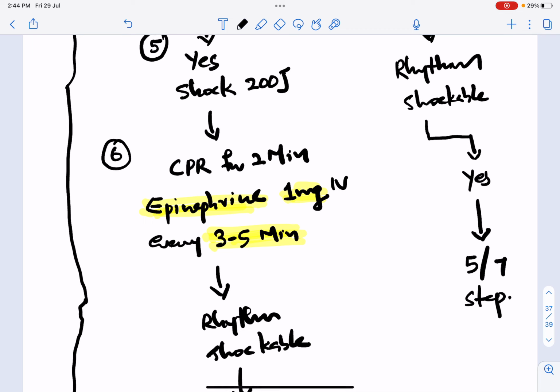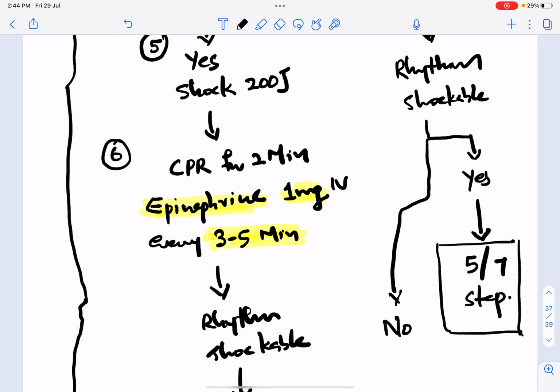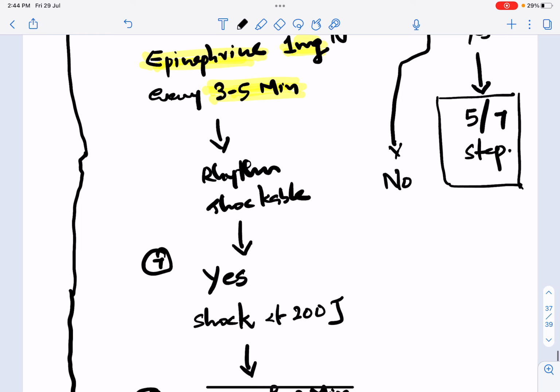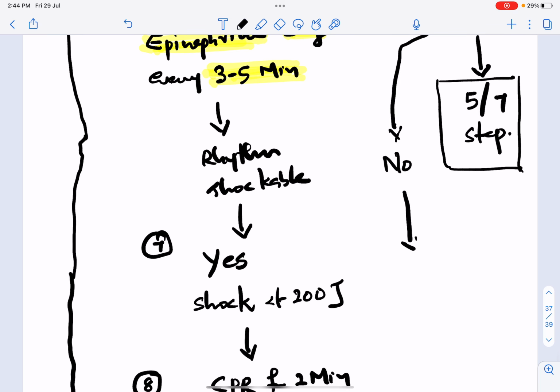Then follow the algorithm for shockable rhythm. But if it is not a shockable rhythm, then nothing but resume CPR for 2 minutes.